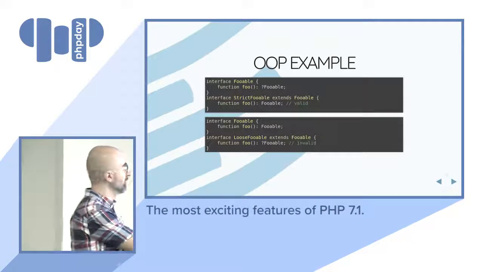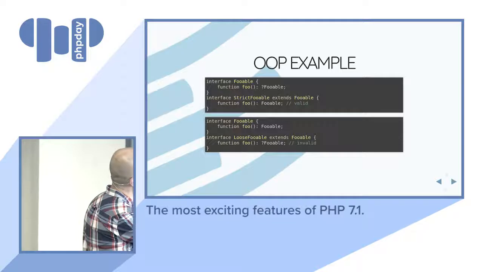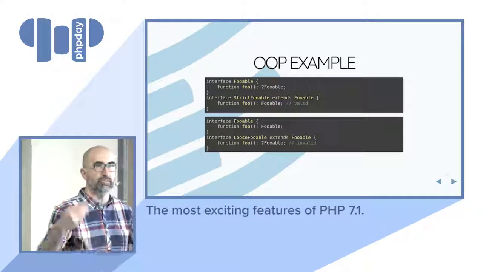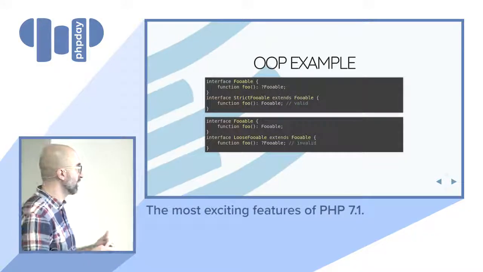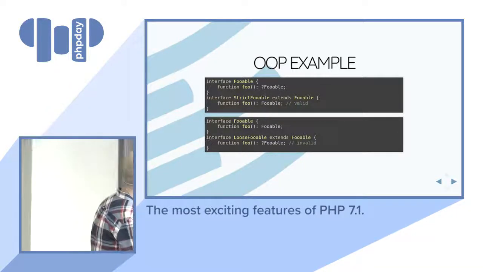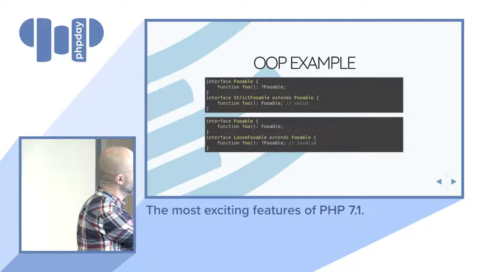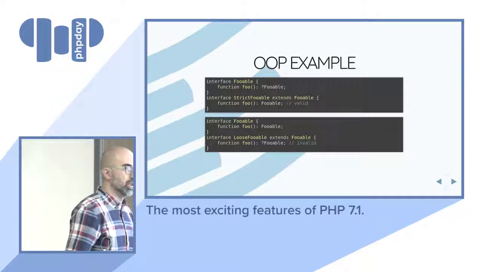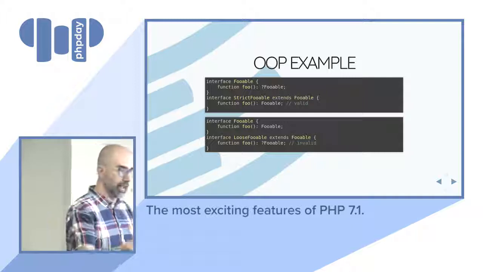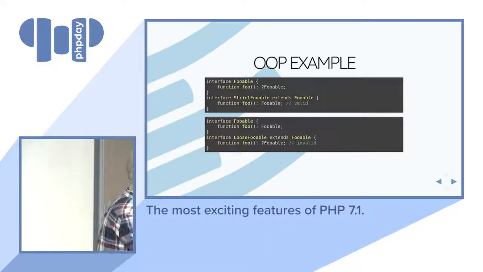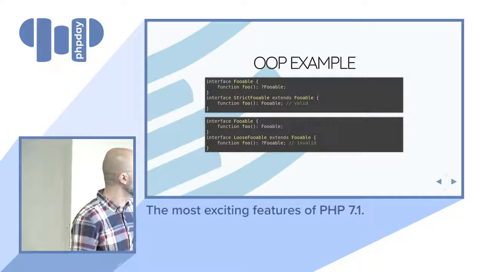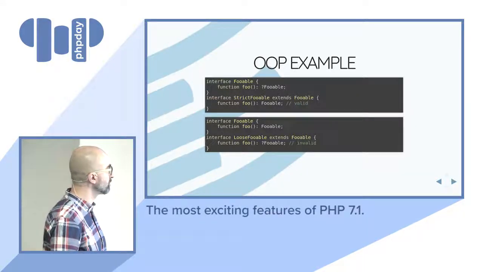So any interface with the same foo function that returns a Fooable is valid for the specification. But on the other side, if you have an interface with a function foo that requires a Fooable as return value, and you try to extend the interface also allowing null as return, this is invalid. You cannot do that. The motivation is quite clear.